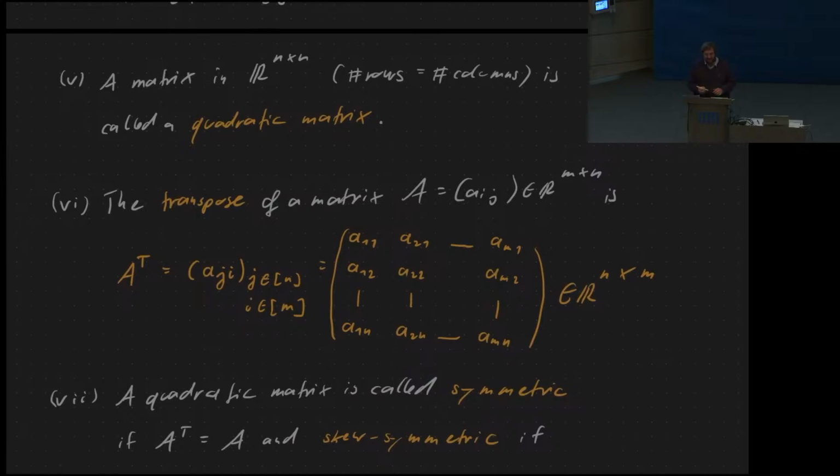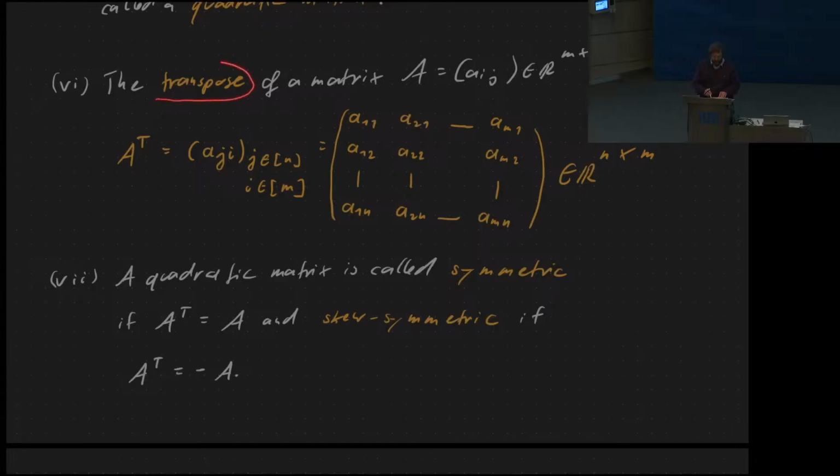A few special cases. We will frequently use quadratic matrices, and that just means the number of rows and columns is the same. So they form a square. Means they are in the set R to the n by n, so same number of rows and columns. That's called a quadratic matrix.